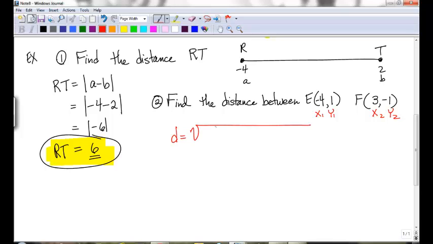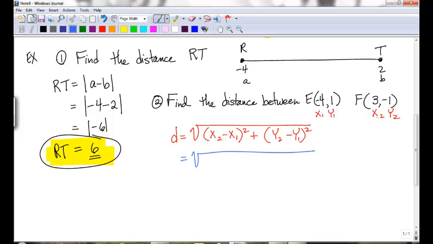Now I'm a huge stickler for this. Write the formula down, that square root extended all the way out. X sub 2 minus x sub 1 quantity squared plus y sub 2 minus y sub 1 quantity squared. Now you sub in.